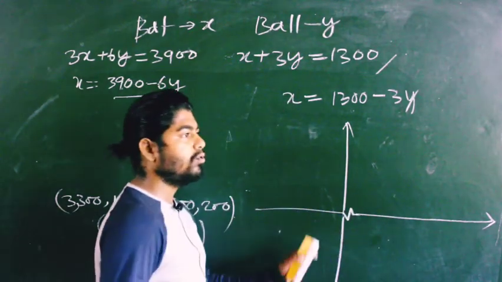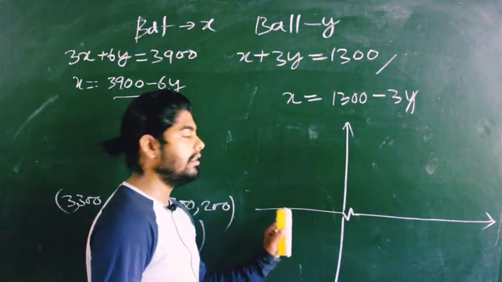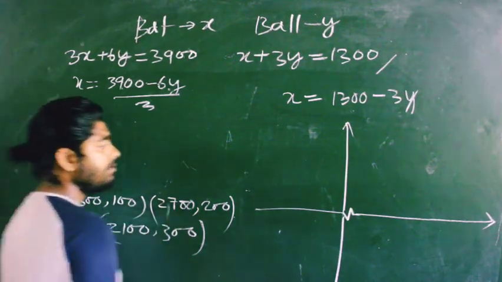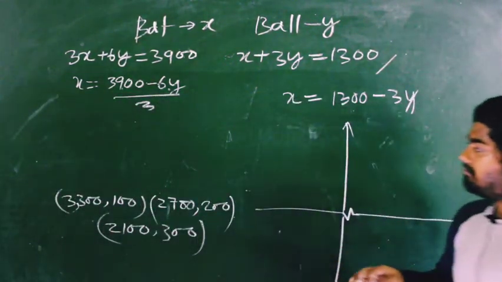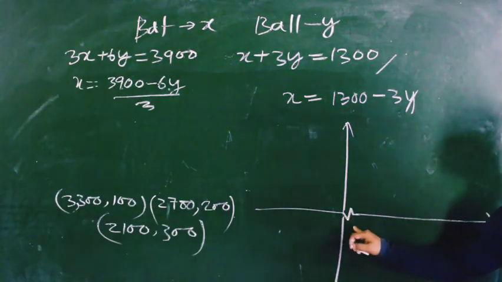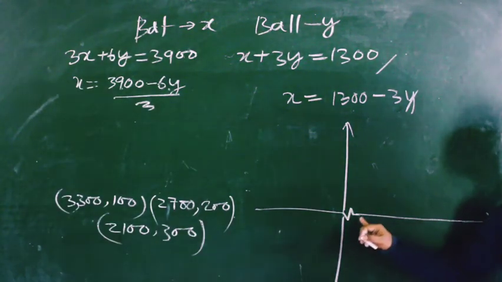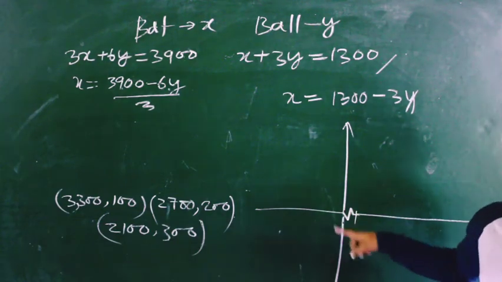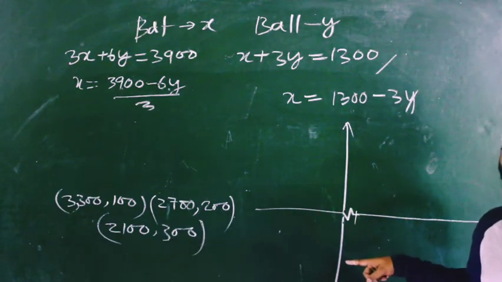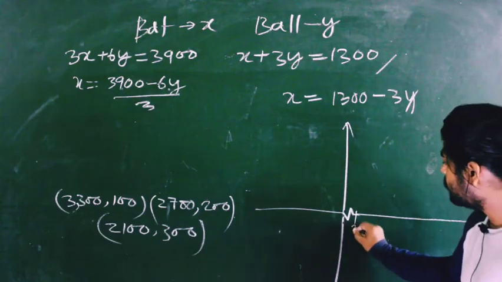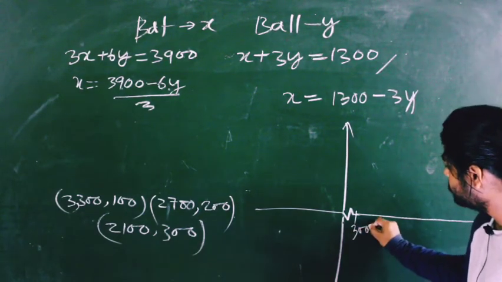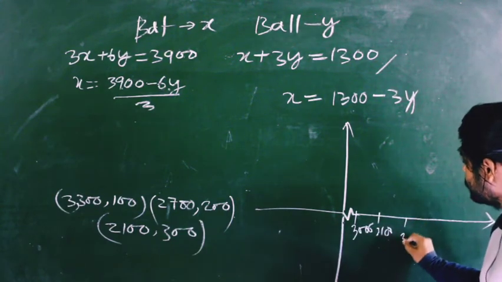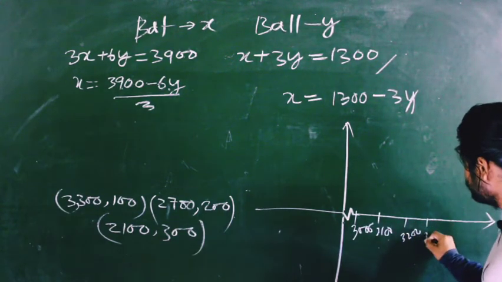That means we are skipping the numbers between 0 and this number. So it should go 1, 2, 3, 4, but we directly went to 3000. So that break shows us the difference that we have skipped a lot of numbers. So 3000, you can go 3100, 3200, 3300.